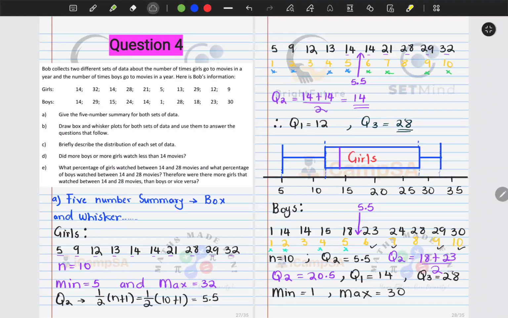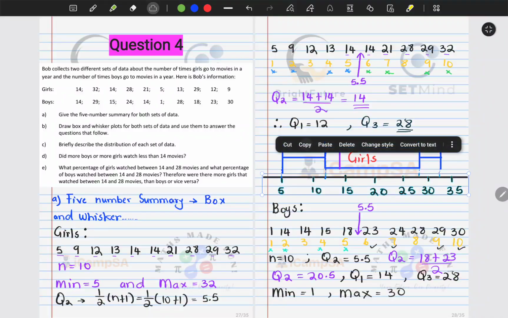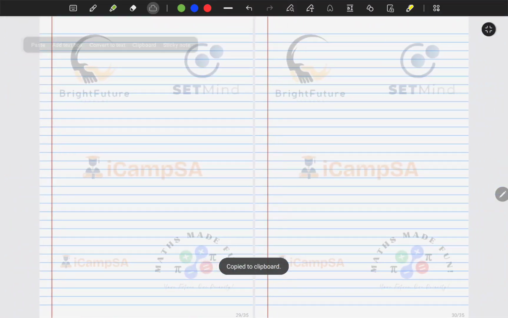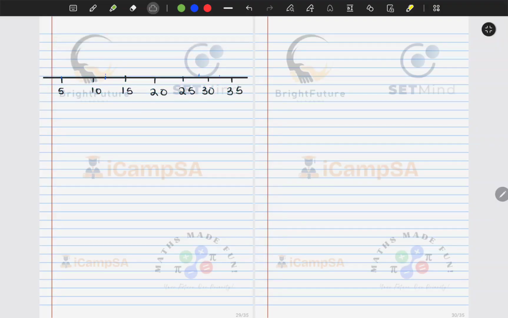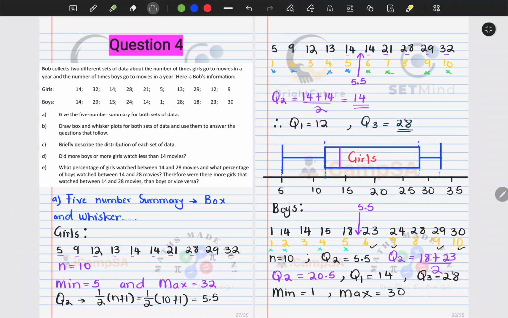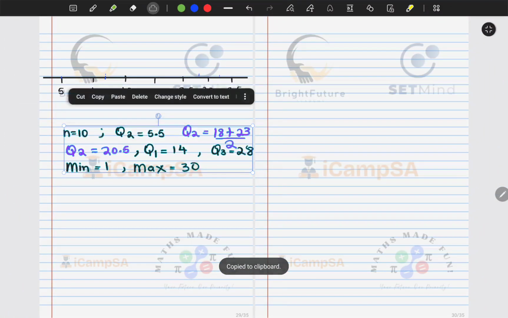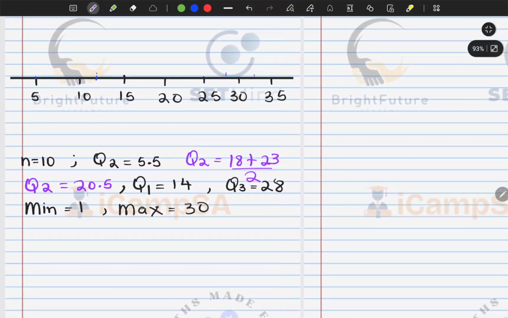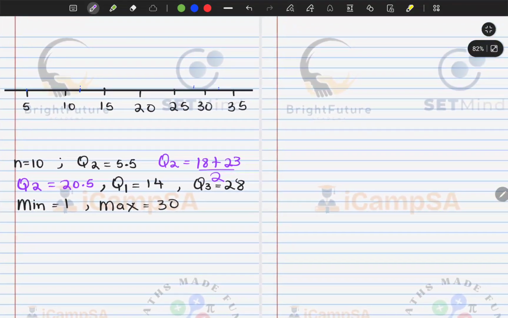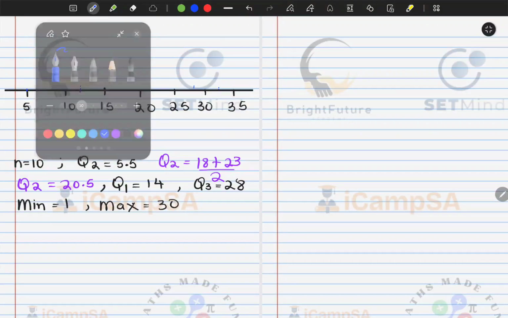Okay, so now what I'm going to do is take the very same number line which I was using for the ladies and use it for the boys. So let's quickly get the stats for the boys. It's these ones here. It's very important that you are able to do all of what we are doing here. Okay, it's very important. So let's have a look at Q1.